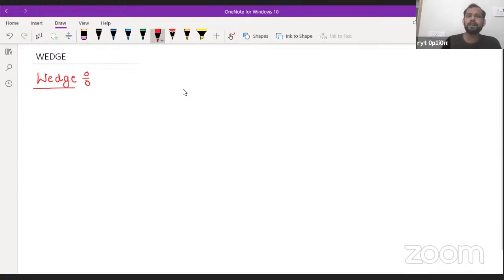I am discussing here what is a wedge. So a wedge is a device. Christian is saying it is a triangular block. Very good. And Kiran is responding that it is the incline support. Very good. So actually, what is a wedge?